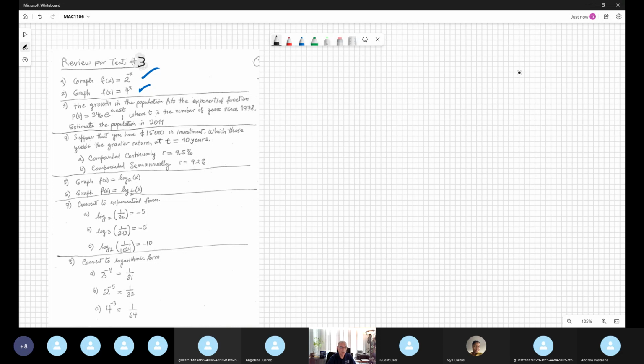It's a finance problem. Okay, the formula, remember, was future value is equal to present value, parentheses, 1 plus r over n, raised to the nt. This is the compound interest formula. But the problem is that we have 2 options, so I split the paper in 2 parts.